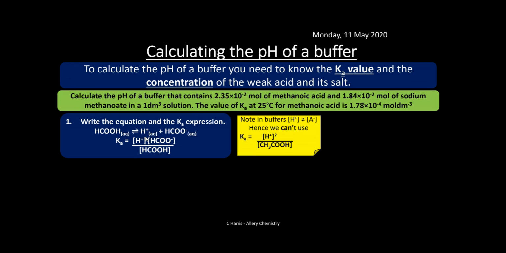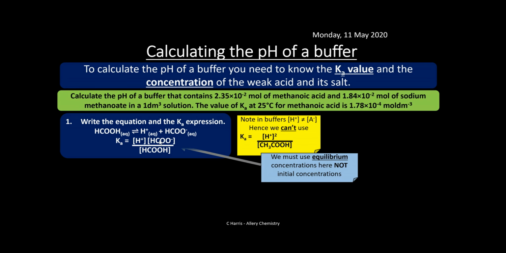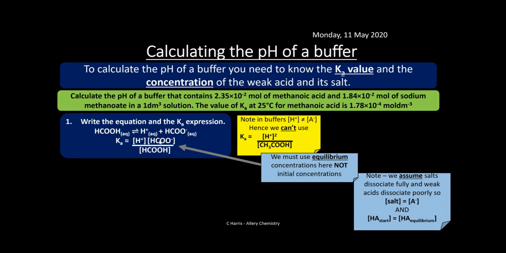The main reason we can't use that is because the A minus is derived from the salt, which we know is in there, so there isn't a balance because we've got another chemical at play producing this. So we must use the equilibrium concentrations here, not initial concentrations. That's very important. So that's another assumption that we can't use here.